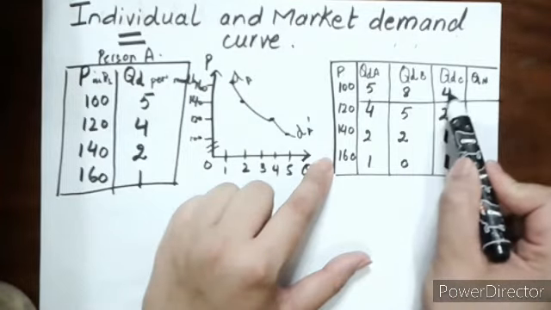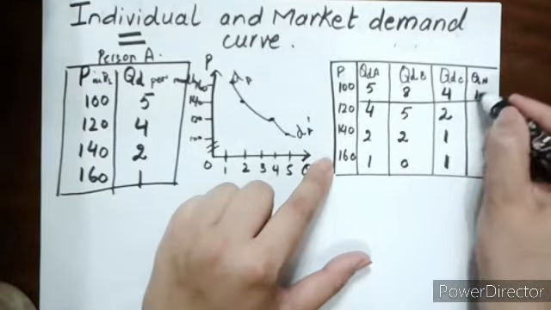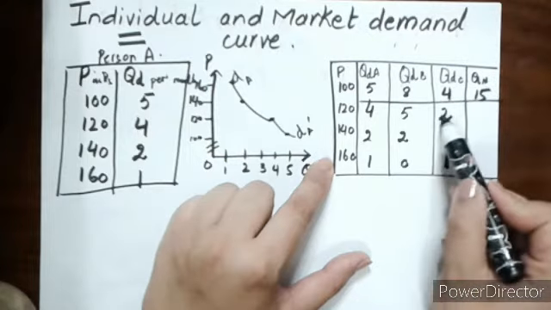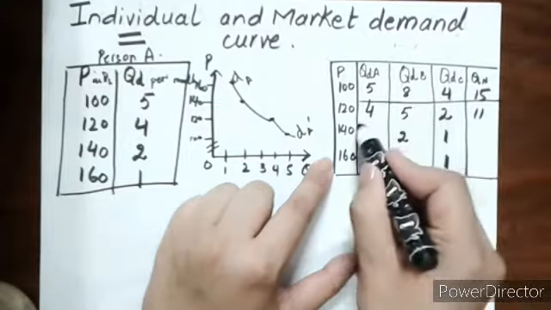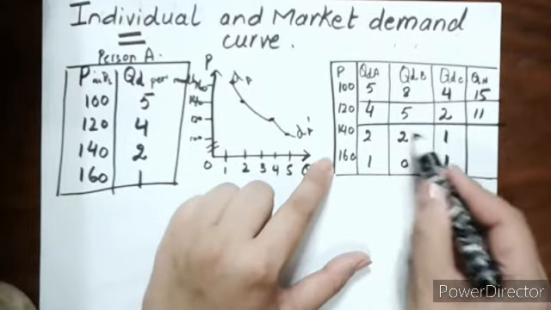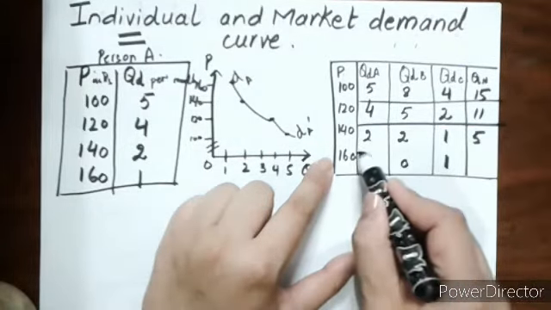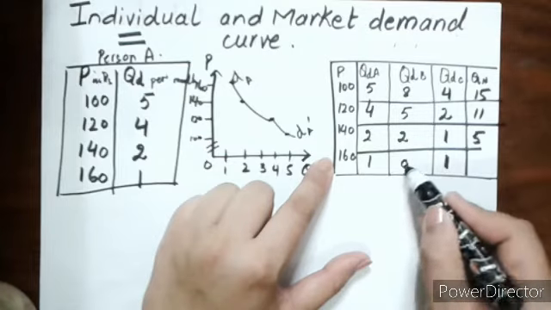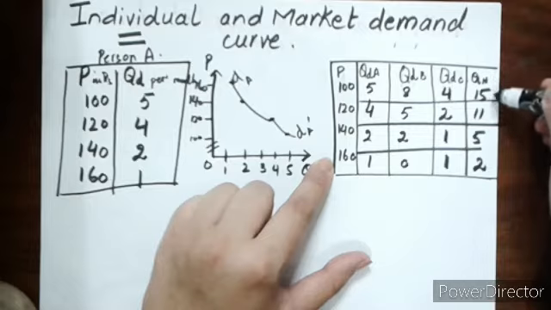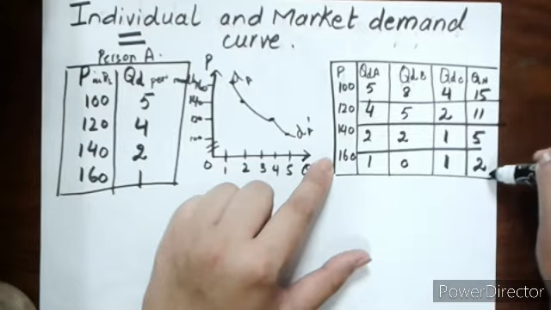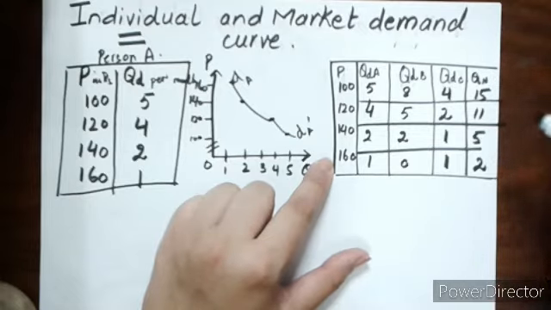So 8 and 4, 10, 10 and 5, 15, 5, 6, 7, 8, 9, 10, 11, 1, 2, 3, 4, 5, 1, 2. So this column is my market demand for this shirt.